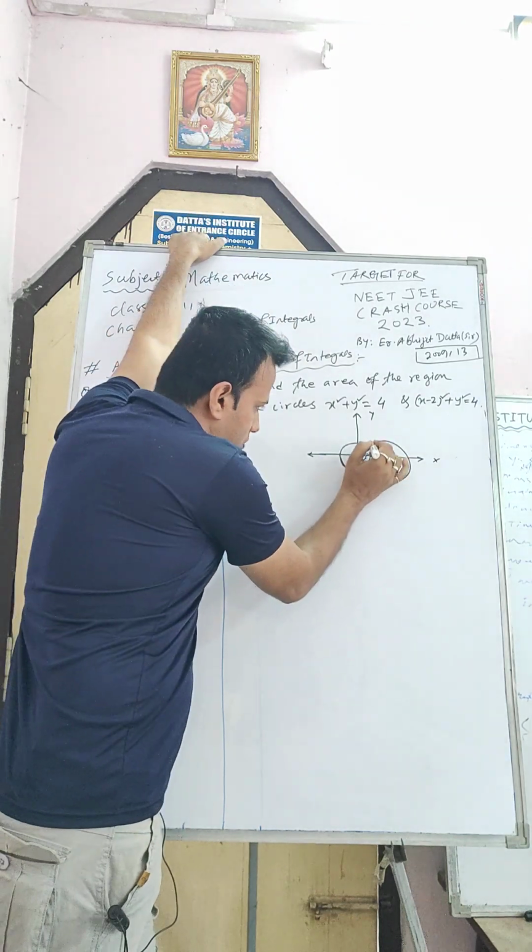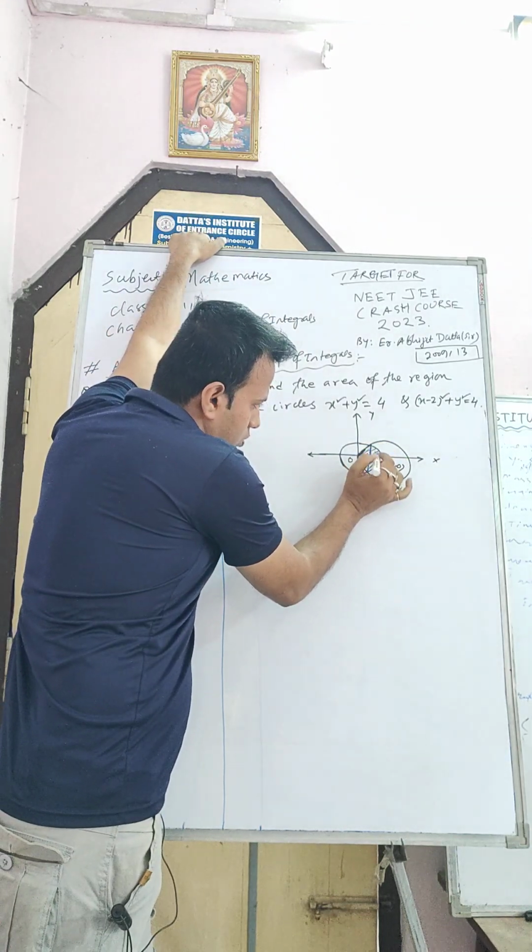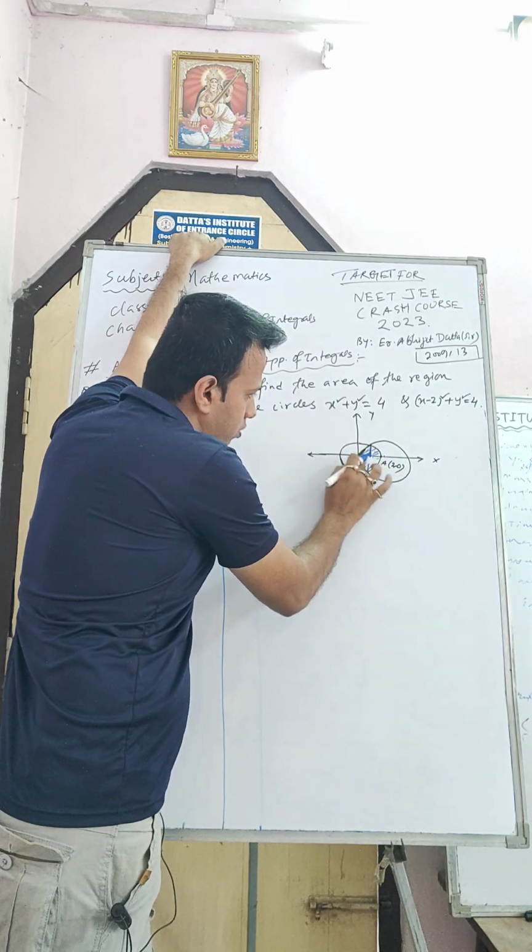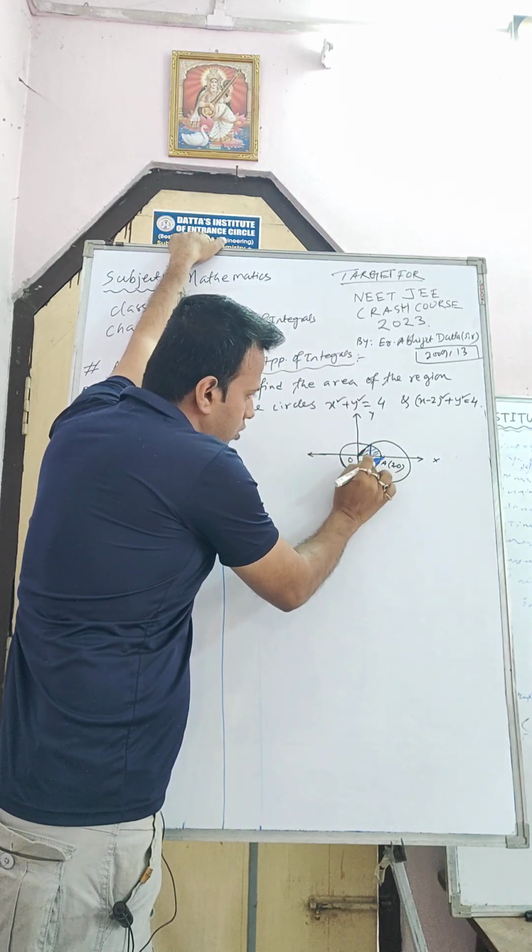So if I draw a perpendicular here, first we have to find out the coordinates of this point.